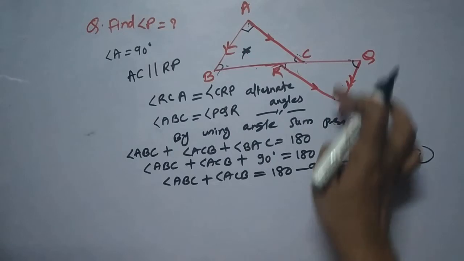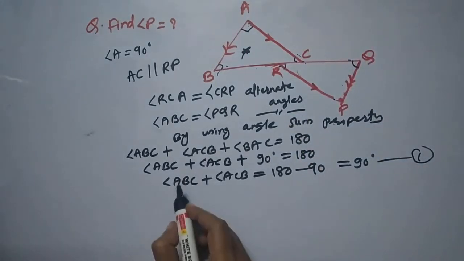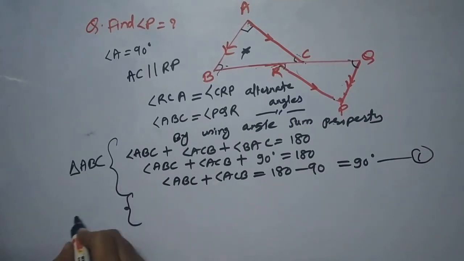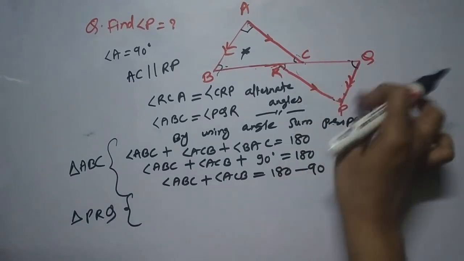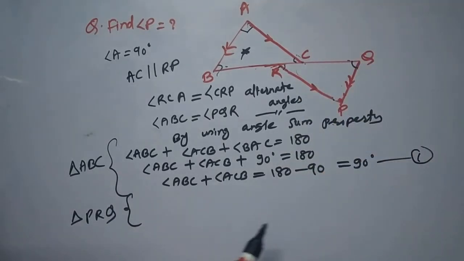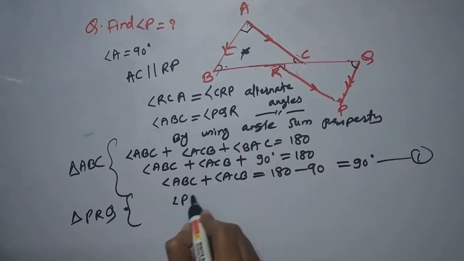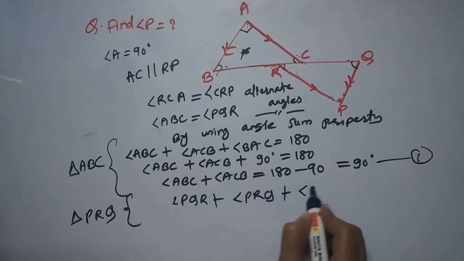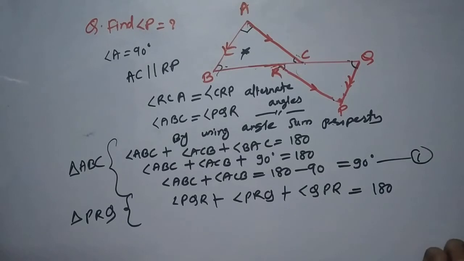In the same way we use this logic here. So by using the same logic, which we have used in triangle ABC, now we'll use in the triangle PRQ. So what is that PRQ triangle? Simple, here you can write angle PQR plus angle PRQ plus angle QPR is going to be 180 degree.